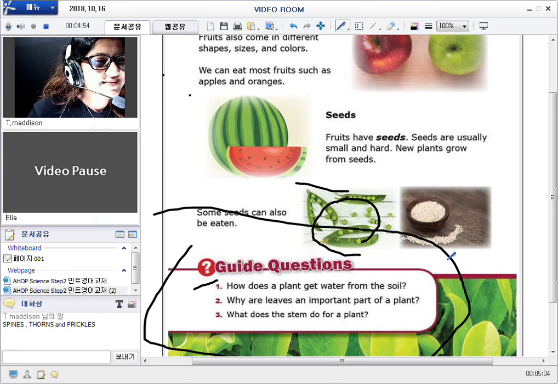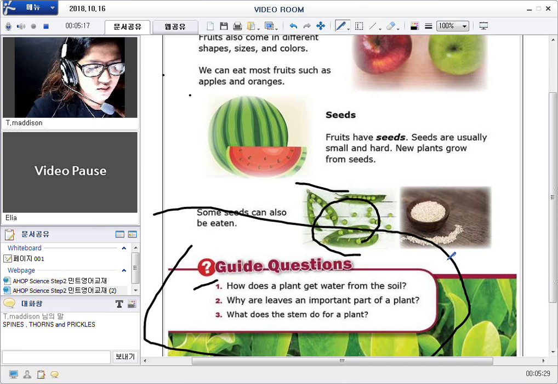All plants have their roots, and roots are in the ground, inside the ground, and roots suck water up to the stem, upwards.